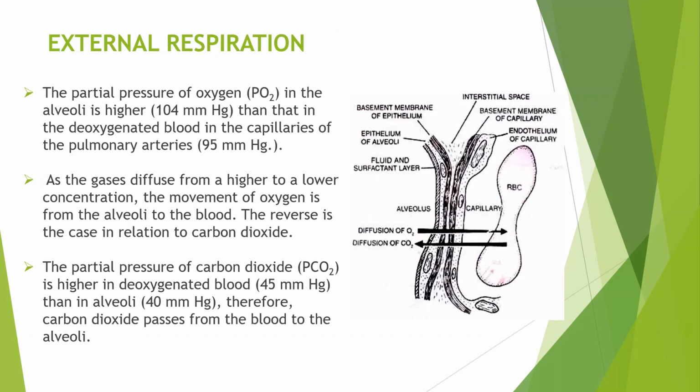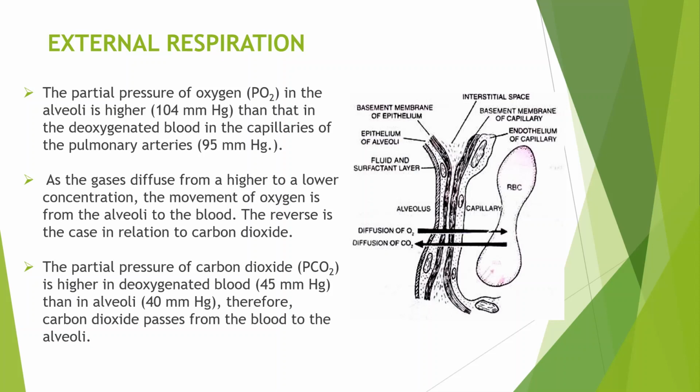The partial pressure of oxygen in the alveoli is higher, about 104 mmHg, than that in the deoxygenated blood in the capillaries of the pulmonary arteries, which is 95 mmHg. As the gas diffuses from a higher to a lower concentration, the movement of oxygen is from the alveoli to the blood.